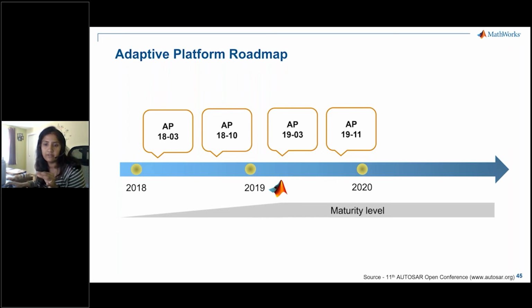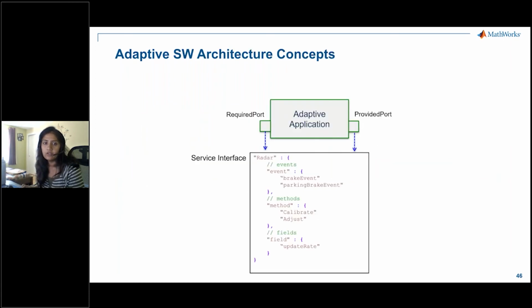We have been supporting all that, and we started to support the adaptive standard from 2019. So over the next few slides, I'll take those adaptive concepts and show how you can model and generate code in Simulink.